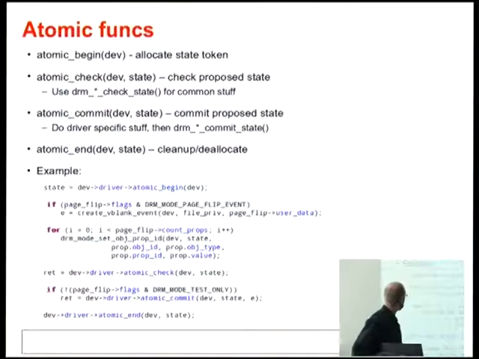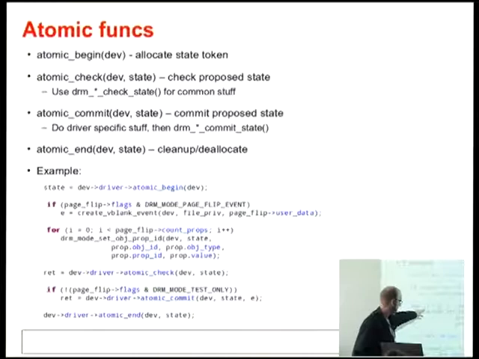In the core driver, there's a handful of new functions that a driver supporting this should support. That basically boils down to atomic begin, which allocates some driver overall opaque state structure, check, commit, and end. So the basic sequence, if you look down here, is you begin, which allocates some sort of state.